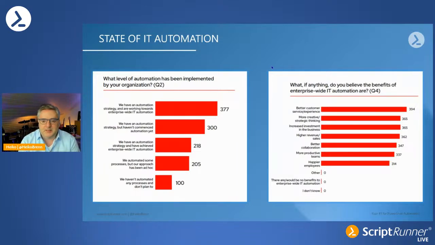The second part, we see more creative strategic thinking, which I translate into getting more time to do this instead of doing firefighting all the time, instead of having repetitive tasks I have to trigger day in, day out. Increased investment in the business is another important aspect. Higher revenue, higher sales, because you're providing better service. That's, I think, an end result of this better customer service and better customer experience, better collaboration. I think it's another important part here.